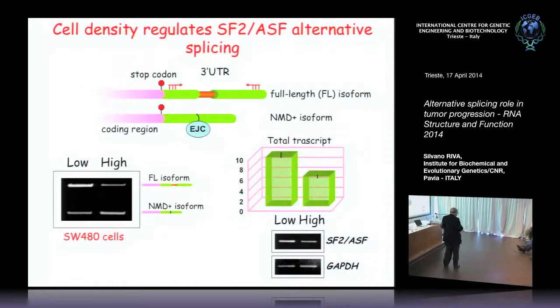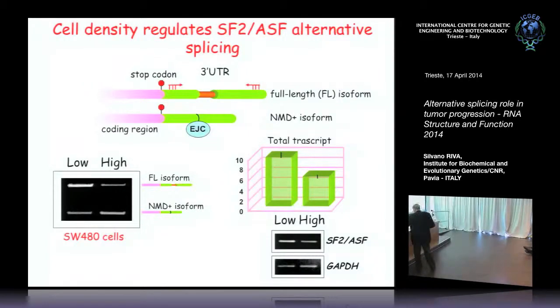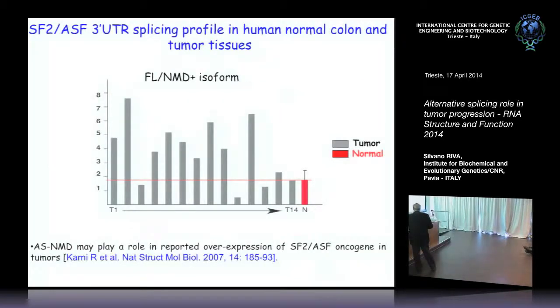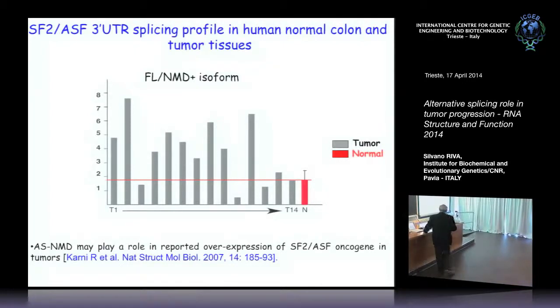And at low density it is the opposite. So the density effect, which causes the skipping or the non-skipping of the exon, starts with regulating the concentration of the protein that binds to the enhancer by regulating the degradation through NMD. So this is very interesting.